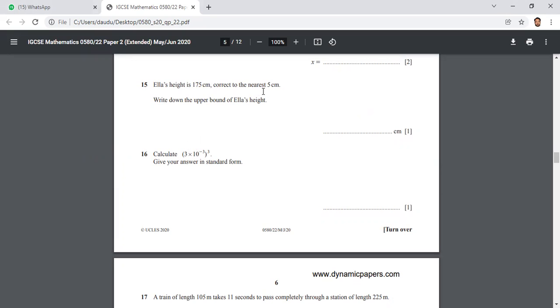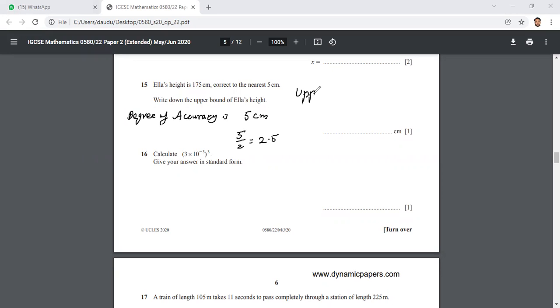So we take half of 5, and for upper bound we add, and for lower bound we subtract. So our degree of accuracy is 5 centimeters. Take the half of this, 5 divided by 2, which gives us 2.5.